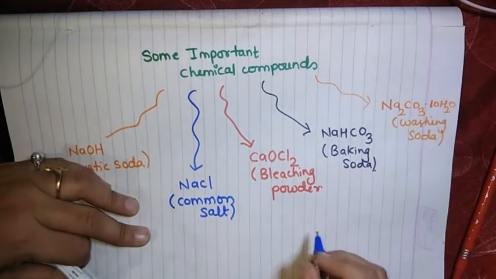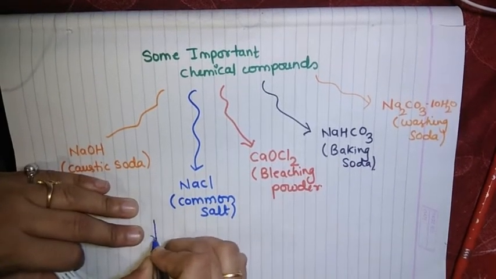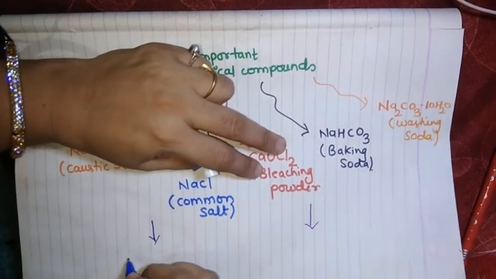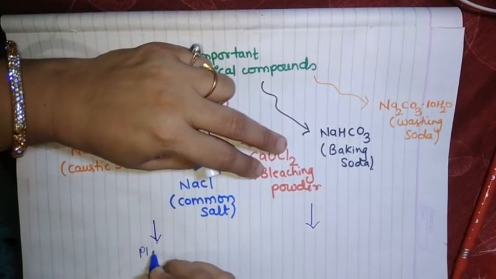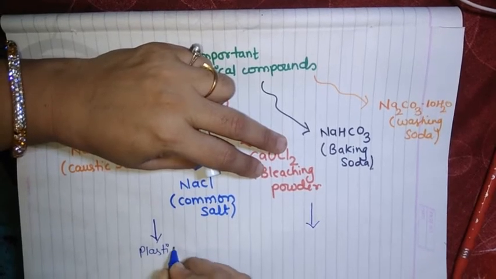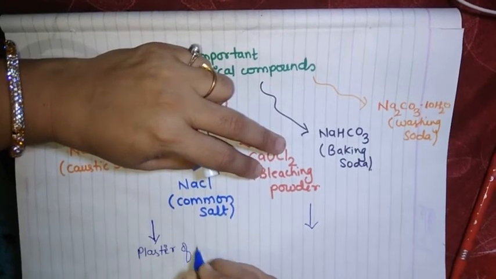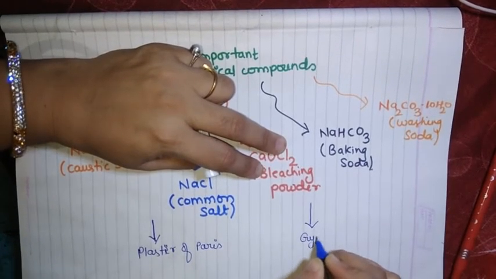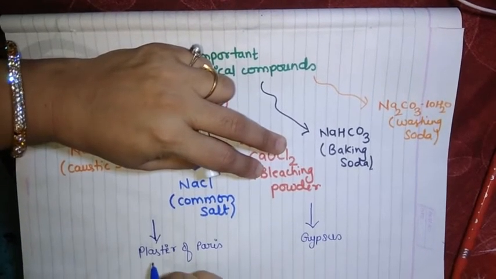Other examples are calcium sulfate, that is plaster of Paris, and gypsum. What is the formula of plaster of Paris?